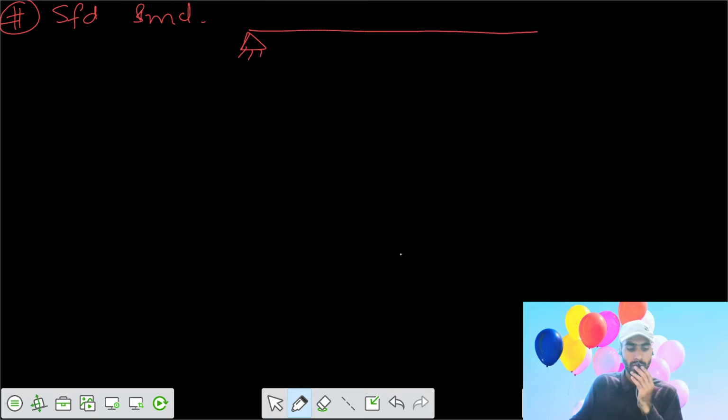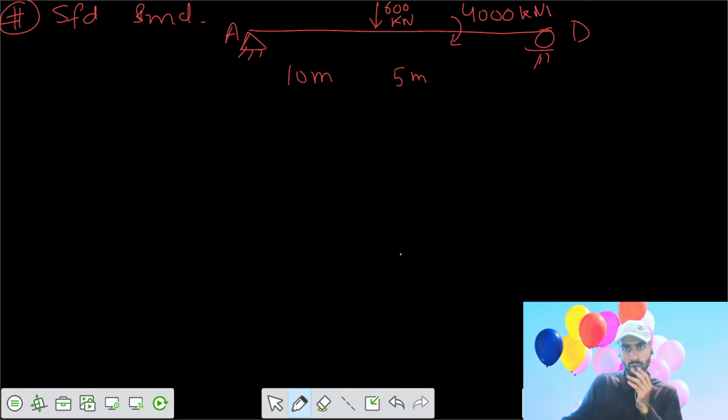You have a simply supported beam, with supports at A and D, and the total length is 20 meter. At 10 meter from A, you have a point load of 600 kilonewton, and after that, at 5 meters, you have a concentrated moment of 4000 kilonewton meter, and this is also 5 meter.